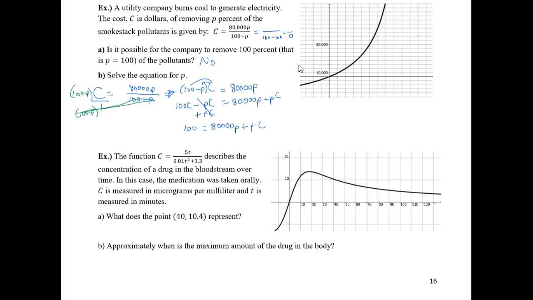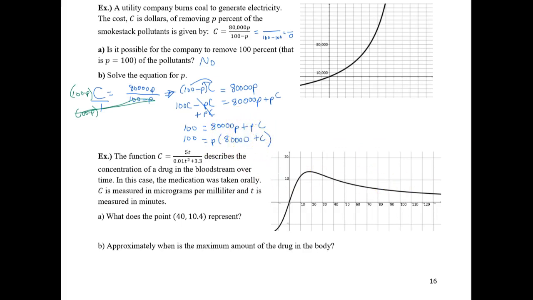And just like we did on the last problem, P is a factor here and P is a factor here. 80,000 P and P times C have a common factor of P that I'm going to factor out. So I take out the P, I'm left with 80,000 plus C. And if I were to distribute that back through, I'd get back to where I started.